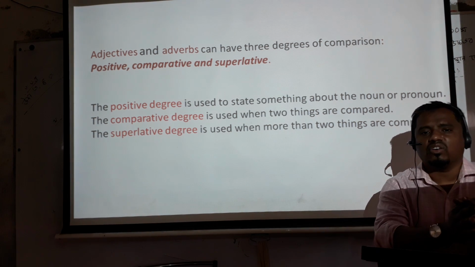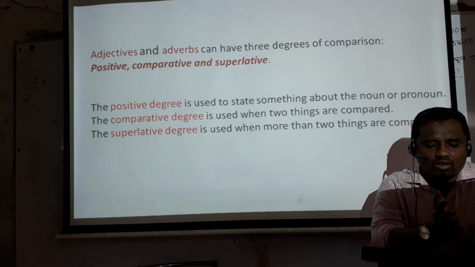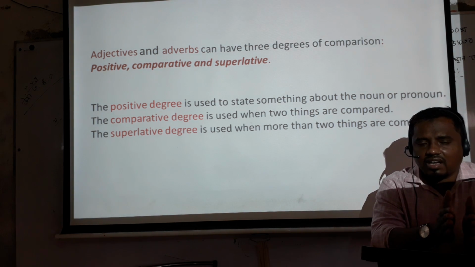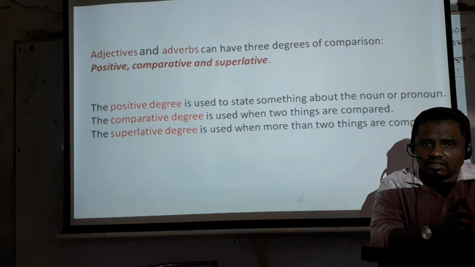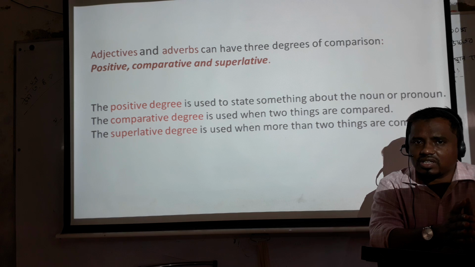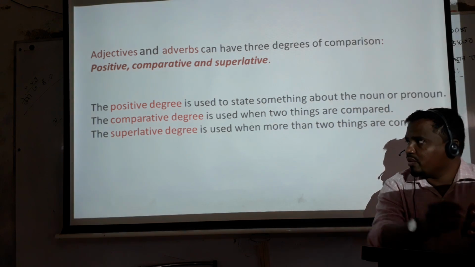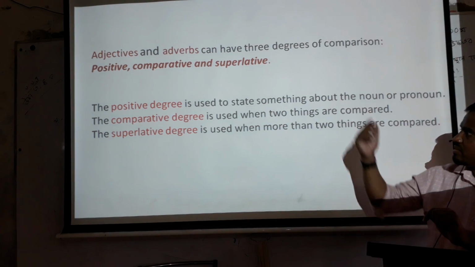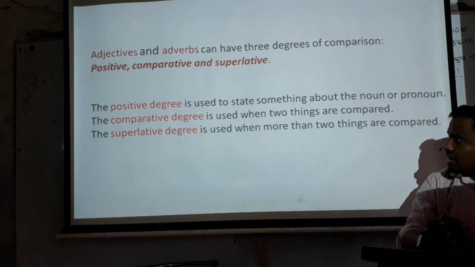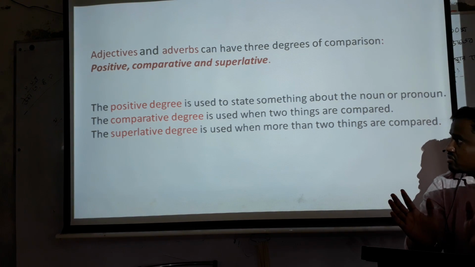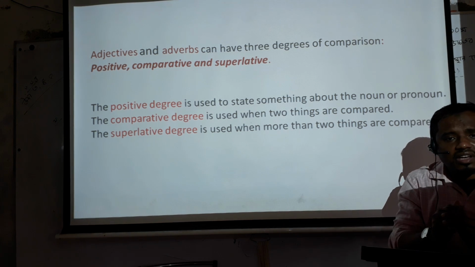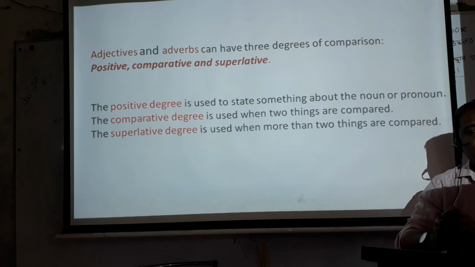So I hope you now have some ideas about the degrees, and there are three degrees: positive, comparative, and superlative. We use positive degree to state something about the noun or pronoun, comparative degree when two things are compared, and superlative degree when more than two things are compared.